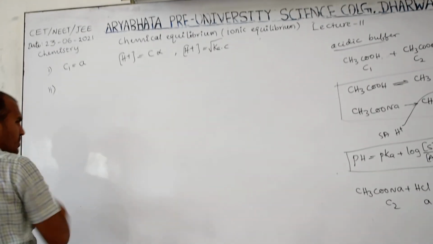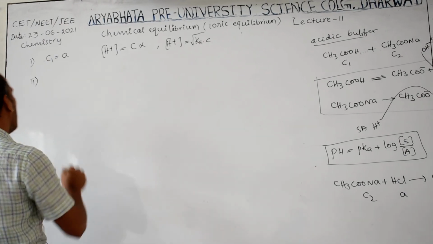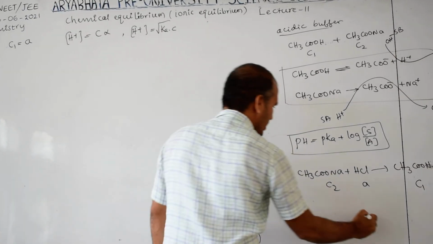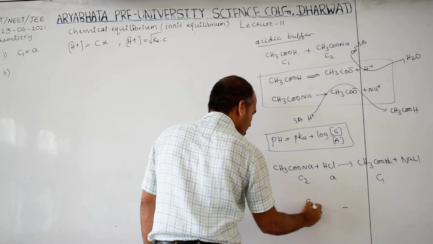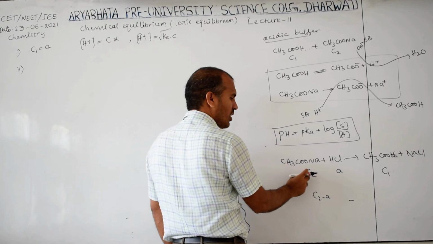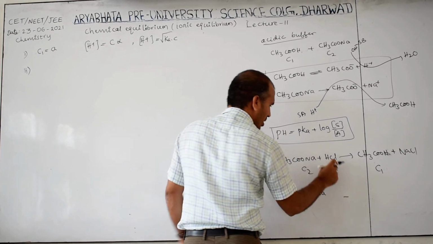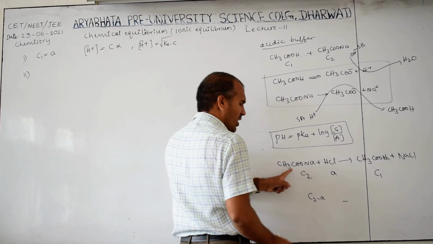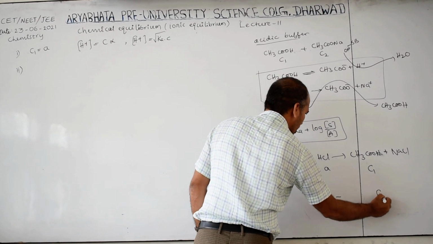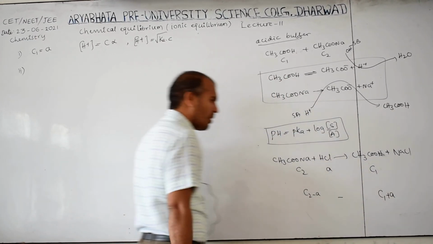Second one is, if A is the limiting reagent, then C2 minus A remains, and C1 plus A forms.